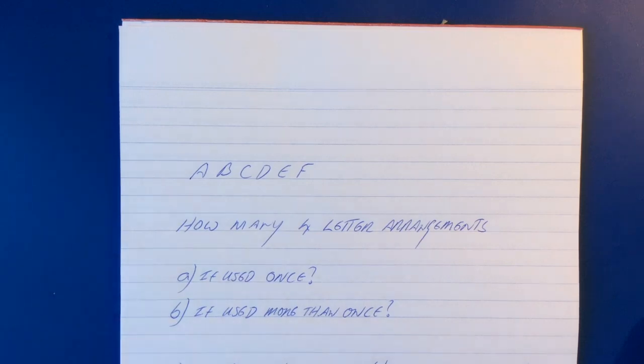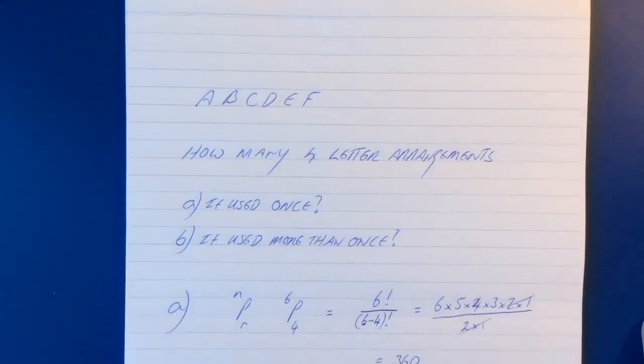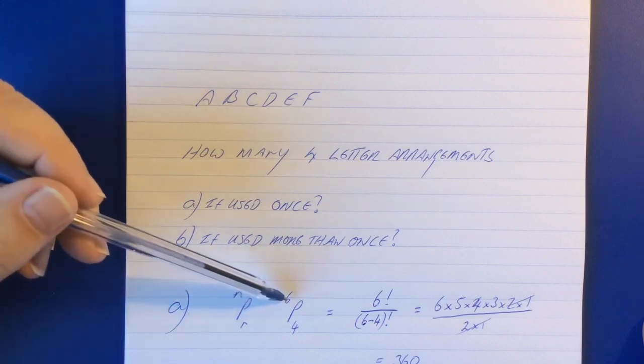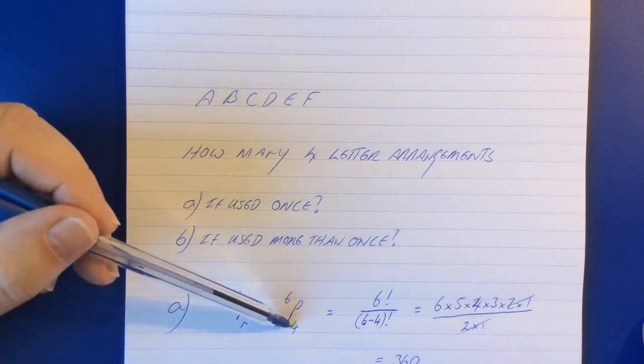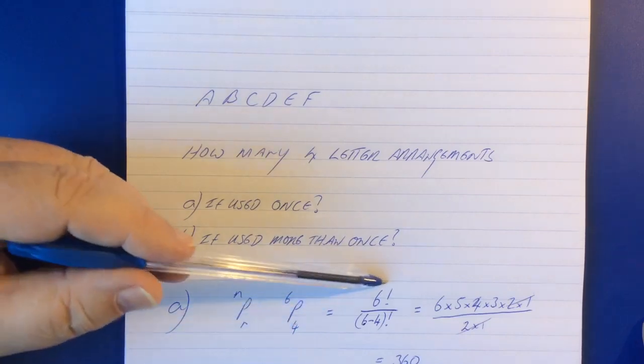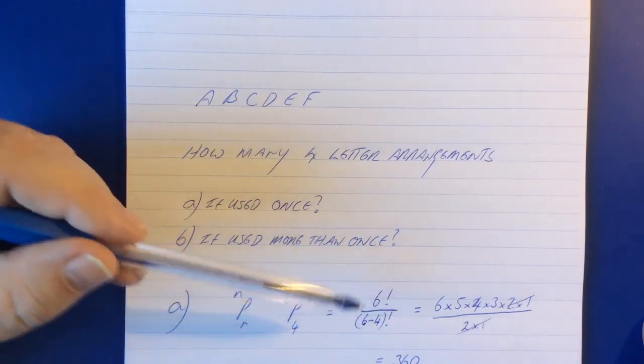Well, we set up our permutation in PR, that's in this case 6, and we're allowed to choose 4. The formula for this is 6 factorial over 6 minus 4 factorial.